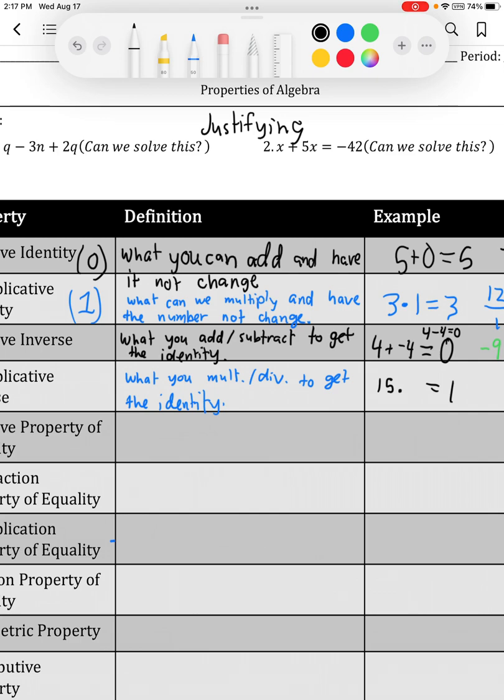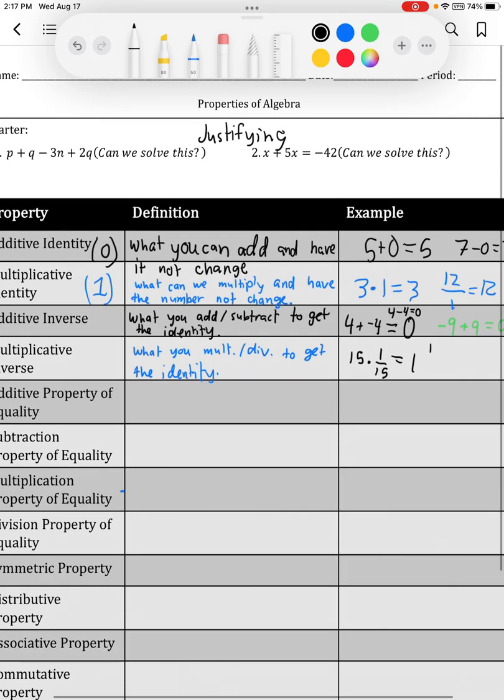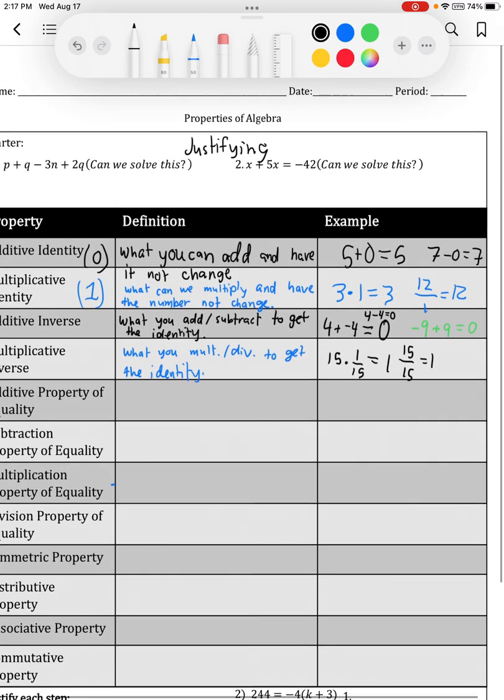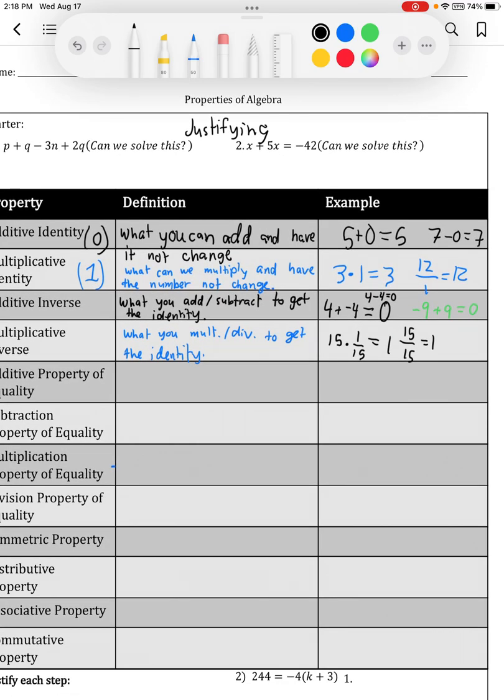Well, we could multiply by 1 over 15. Another way of writing that is dividing by 15. Similarly, if we had 1/8, what could we multiply to 1/8 to get to 1? Well, you'd have to multiply 8.